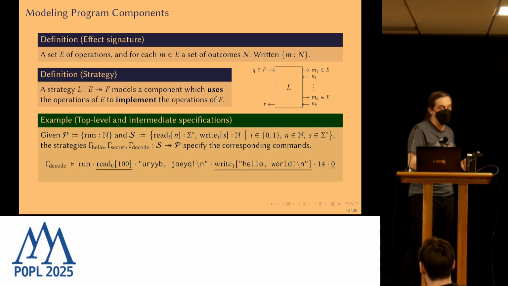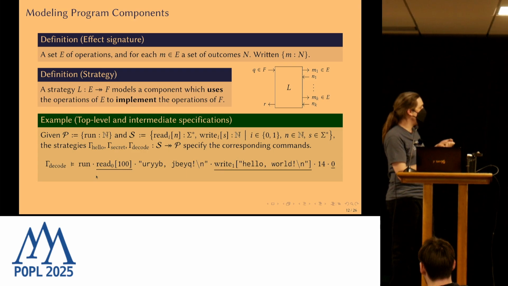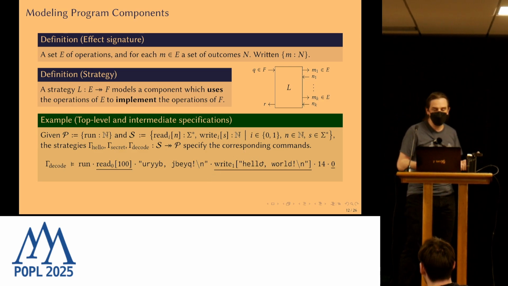So as an example, our decode process, right? We can give this kind of specification for it, which says that if you run decode, it's going to read some data from the standard input. If it reads that specific message, it should write this message to the standard output.